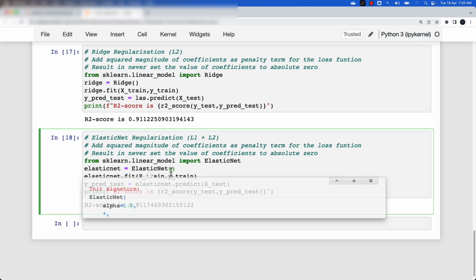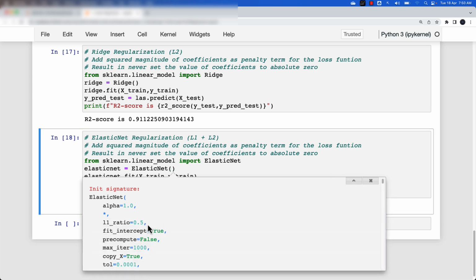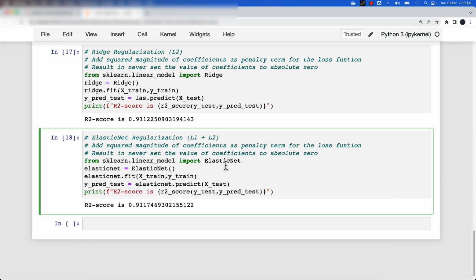For the elastic net regularization, we have the L1 ratio and the alpha. With the combination of L1 ratio and alpha, we can decide how much L1 regularization to apply on my given data set, and how much L2 regularization to apply.